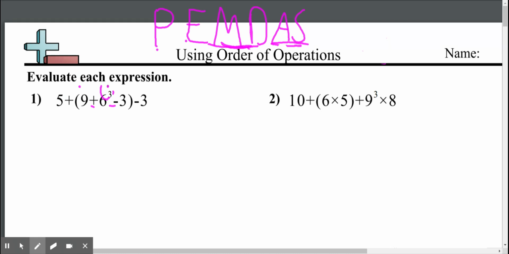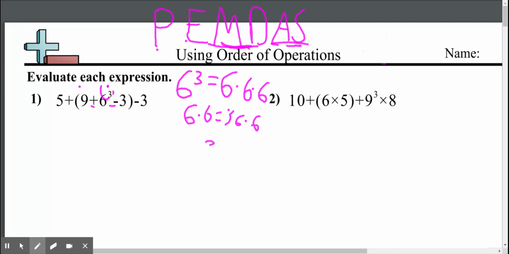Now, in a general rule to talk about here, anytime I have a number, so like let's say here it's 6 to the third, this basically means that you multiply it, and you can take it one of two routes. You can say 6 times 6 times 6, plug that in a calculator and see what you get there, or you do 6 times 6, which is 36, 36 times 6.